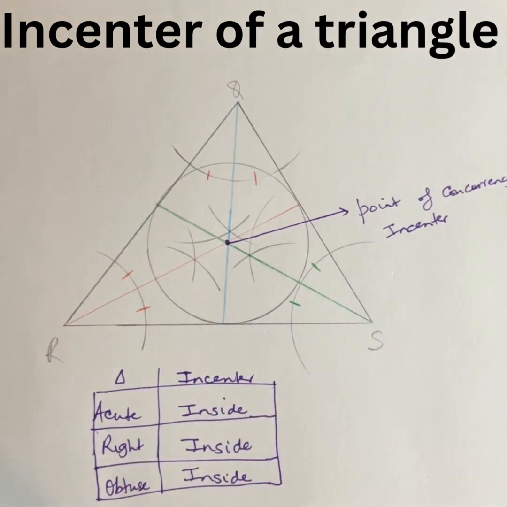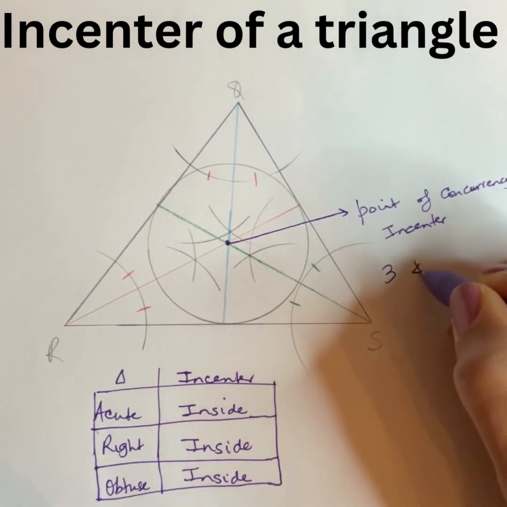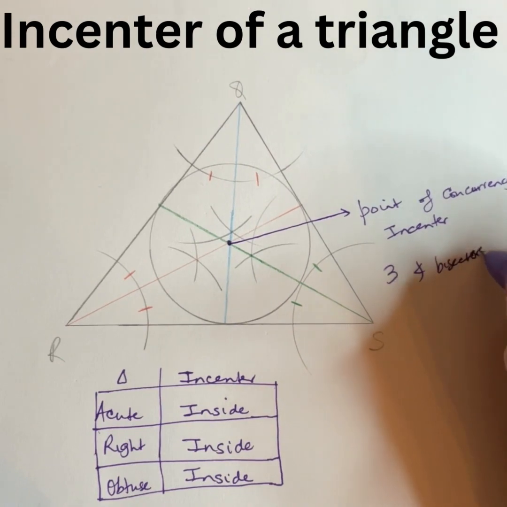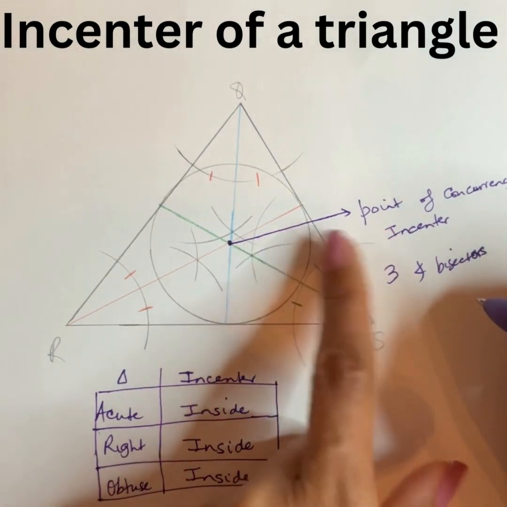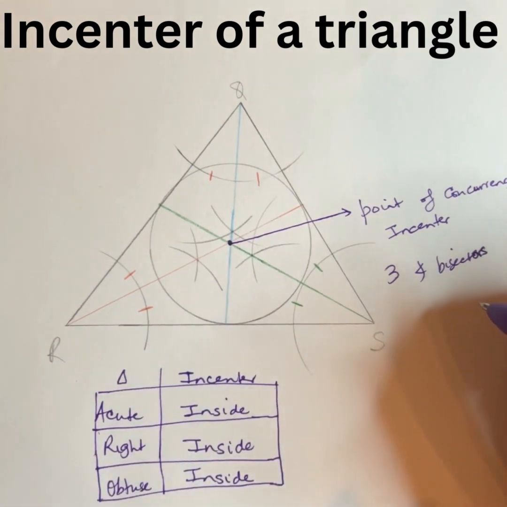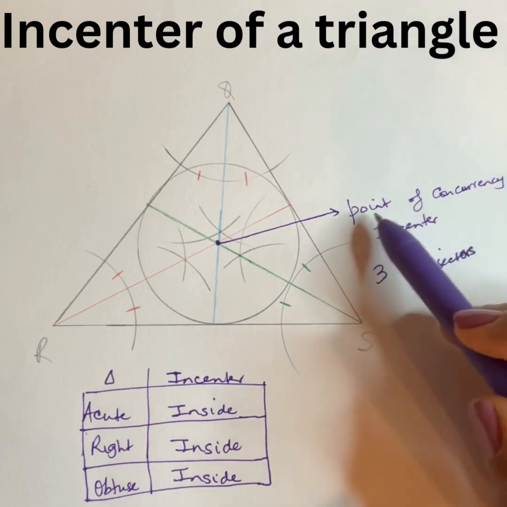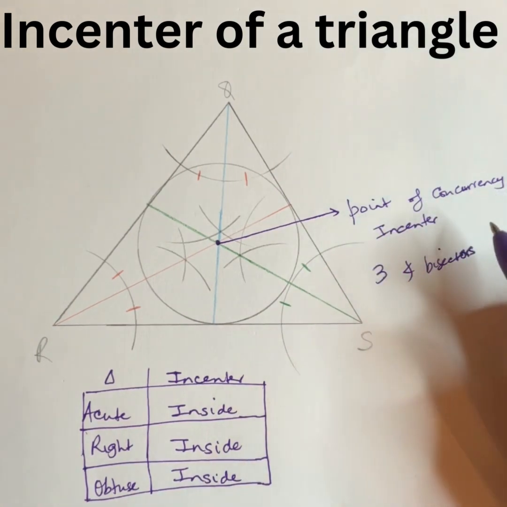And as I said, three angle bisectors of a triangle all meet at a point we call a point of concurrency, and the point of concurrency is what we call the incenter for three angle bisectors.